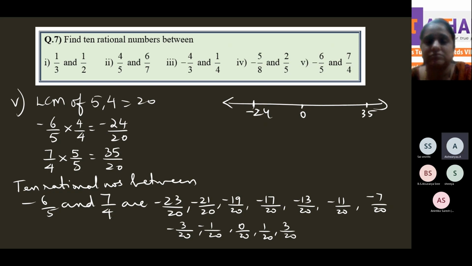Do we have to do the other sub questions as homework? Yeah, I think that'll be better. No, we can do something else. You can try the others. Ma'am, should we do it as homework?